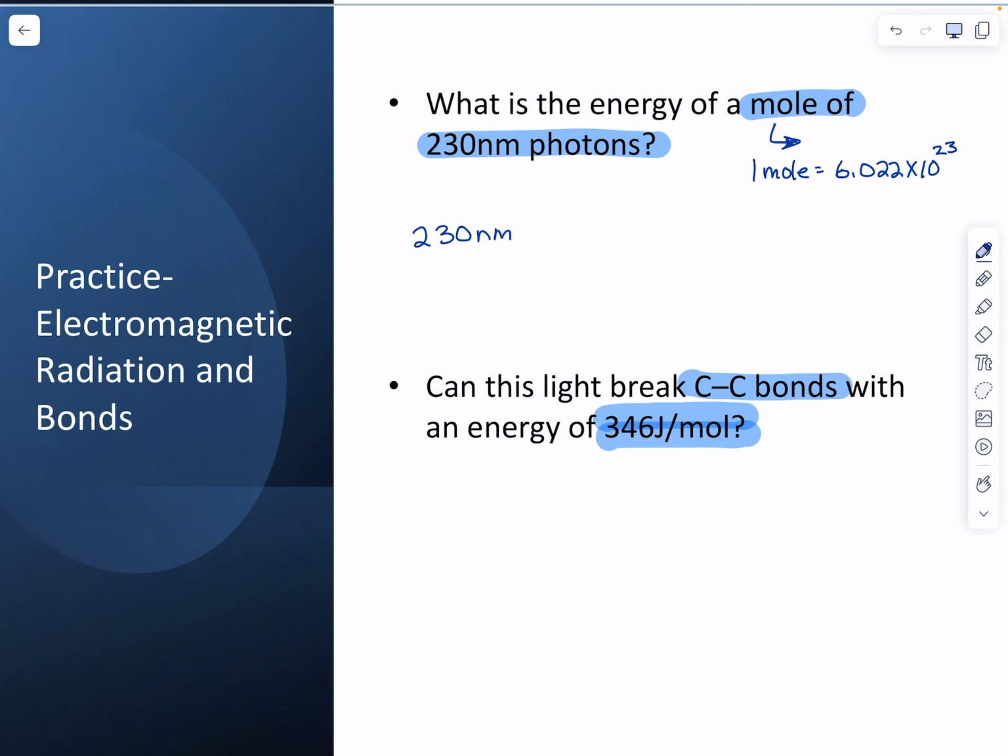In order to turn that into an energy, we have to know what the frequency is, and then we figure out the energy of 1 photon, and then we figure out the energy of 1 mole of photons.